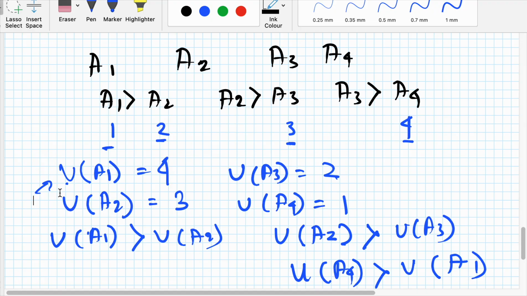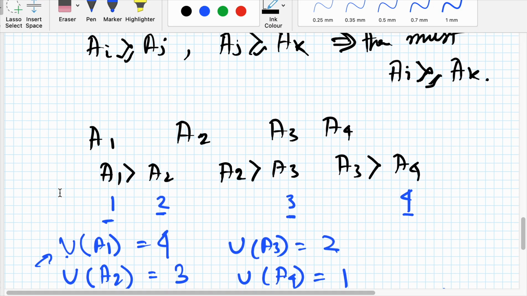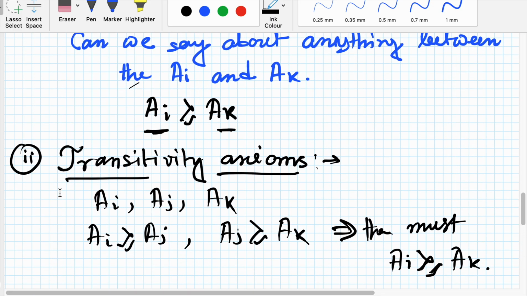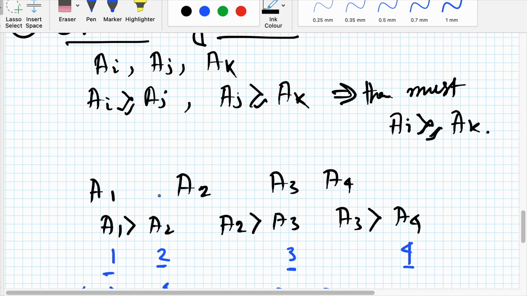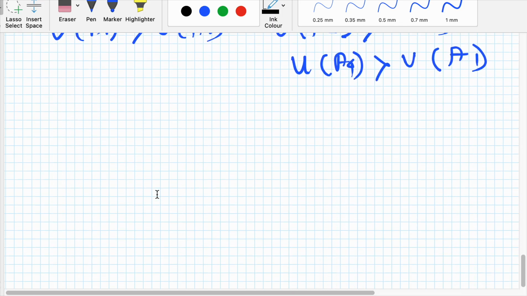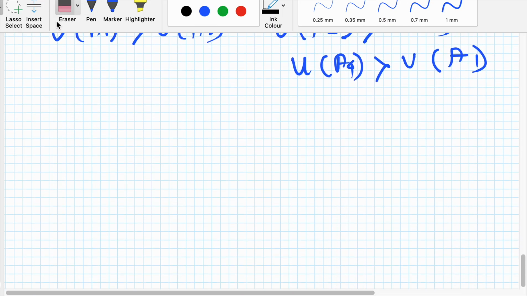So decision making under certainty can be predicted if we know that the preferences follow these two axioms: one is completeness and second is transitivity. Then we can associate real numbers with the options to represent their preferences.